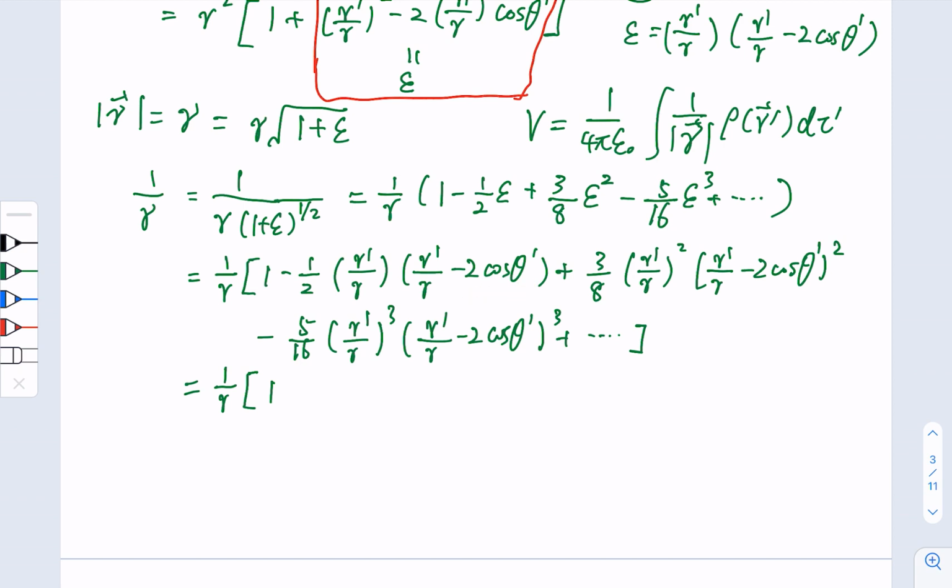So the first order is, now the rest of the terms contain higher order of r prime over r. So let's see. So the next order is r prime over r to the power of 2.